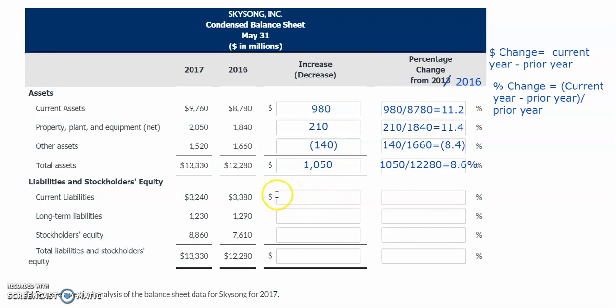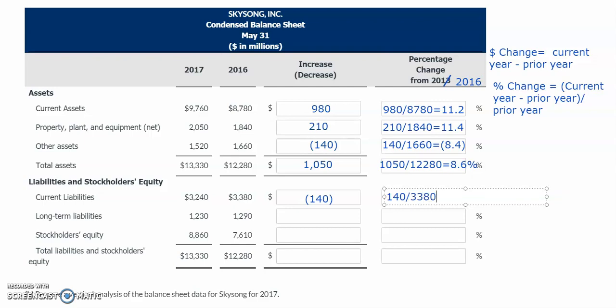So our current liabilities, we're going to do the same thing. We take the 2017 number minus the 2016 number. So we notice there was a decrease in our current liabilities. So we're going to take that dollar difference and divide it by the prior year amount.